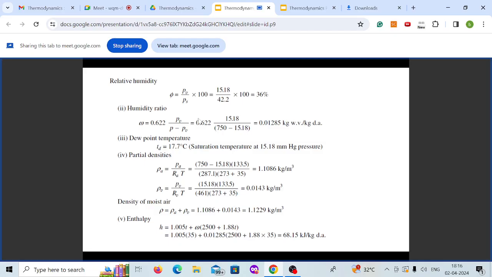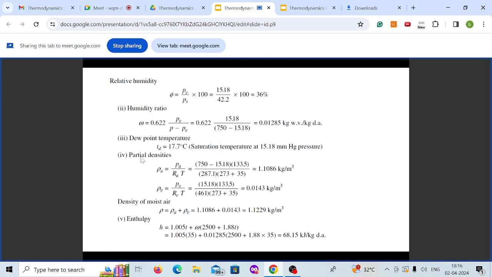You will start seeing dew. So the temperature corresponding to PV will be your dew point temperature. Here your water vapor pressure, which you have calculated, is 15.18 mm of Hg. Corresponding to that, from your steam table you can find out that the saturation temperature is 17.7 degrees Celsius, which is your dew point temperature.